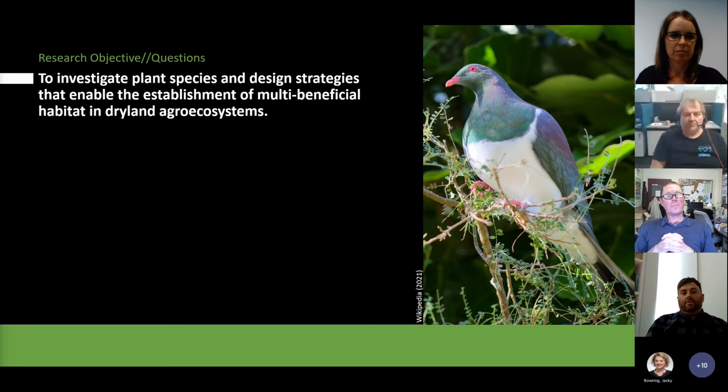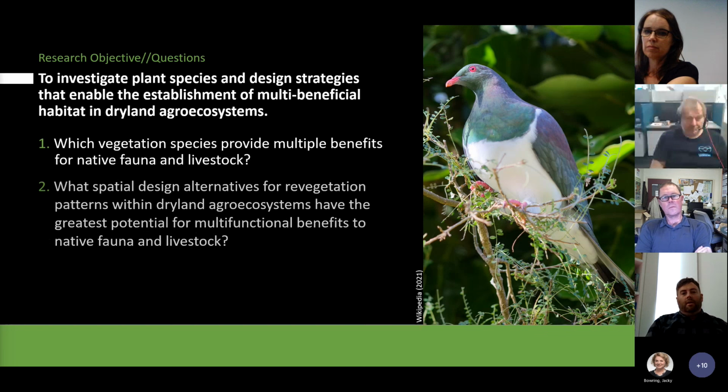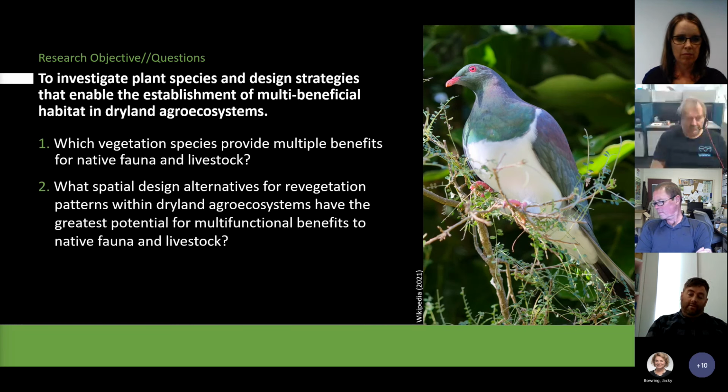Looking at the research objectives and questions now. The main objective is to investigate plant species and design strategies that enable the establishment of multi-beneficial habitat in dryland agroecosystems. To address this, we're looking at three further questions. Which vegetation species provide multiple benefits for native fauna and for livestock? Which spatial design alternatives for revegetation patterns within dryland agroecosystems have the greatest potential for multifunctional benefits to native fauna and livestock?